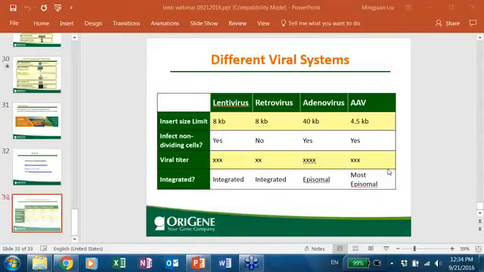Okay, one question is, does the lentivirus integrate in random positions, or do the LTRs directly insert in a specific spot? The answer is the lentivirus integrates into the genome randomly.